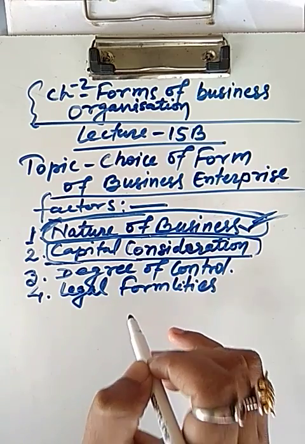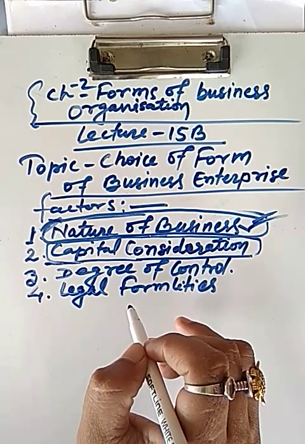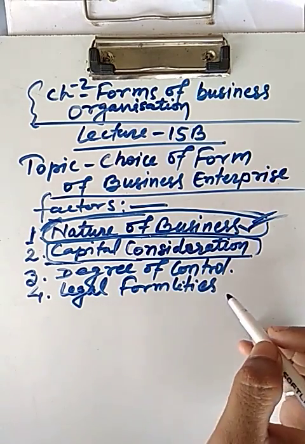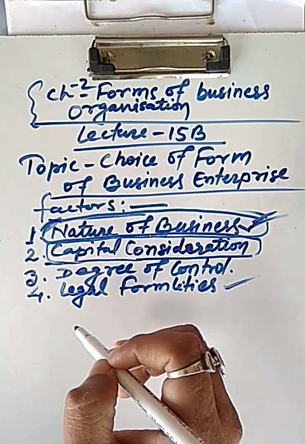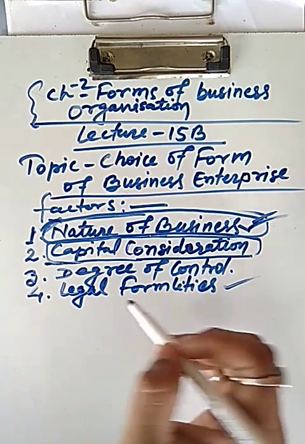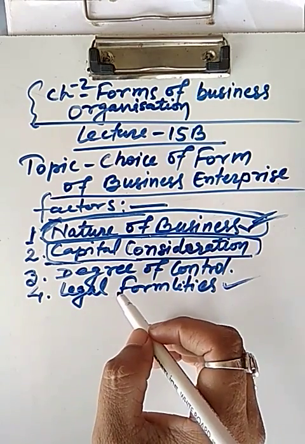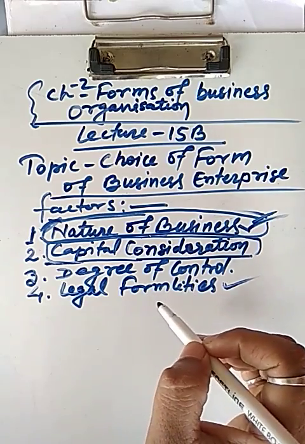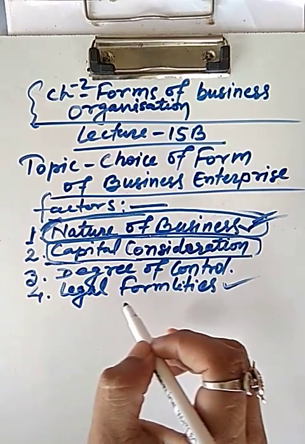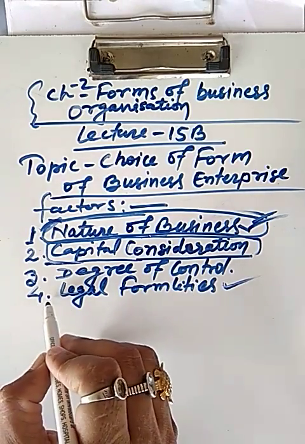Sole proprietorship and partnership have no legal formalities, whereas there are many legal formalities involved in company form and cooperative form of business organization.